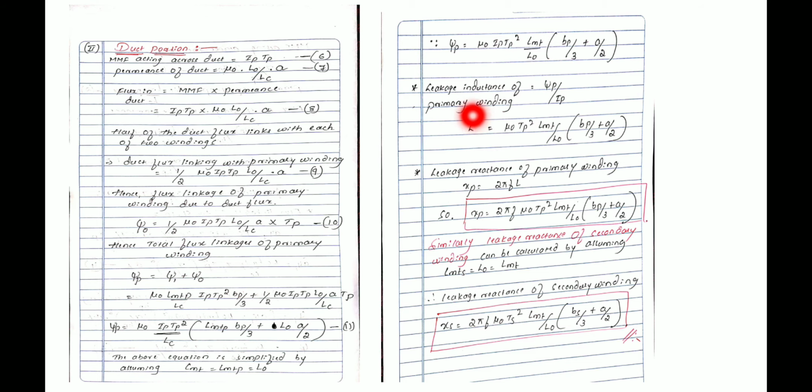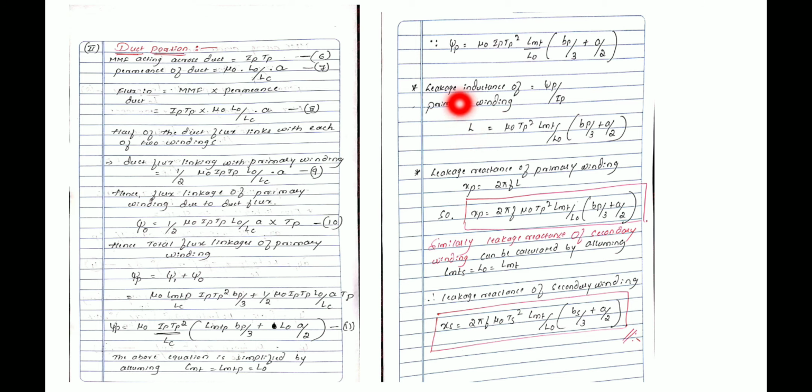Next, what we have to calculate? Once we calculate the flux linkages, after this we can calculate leakage inductance of a primary winding. So leakage inductance of a primary winding is nothing but the ratio of psi P divided by the primary current, that is IP.